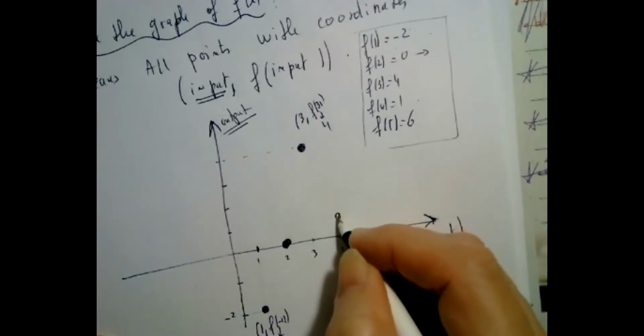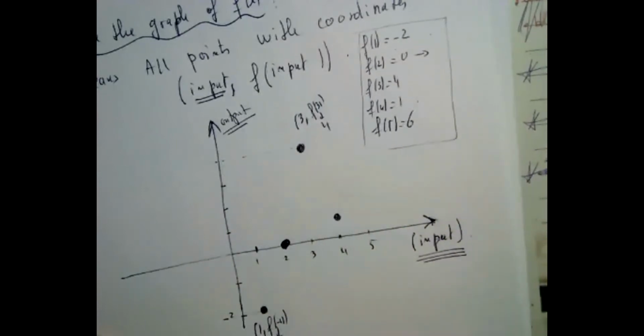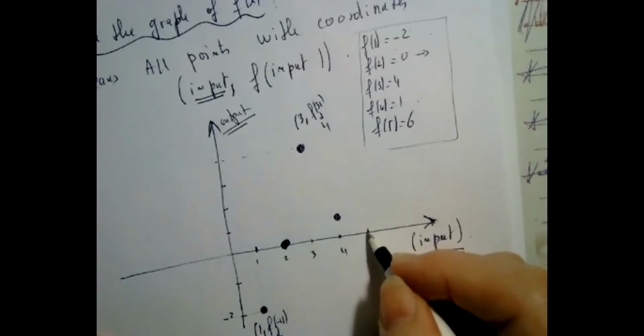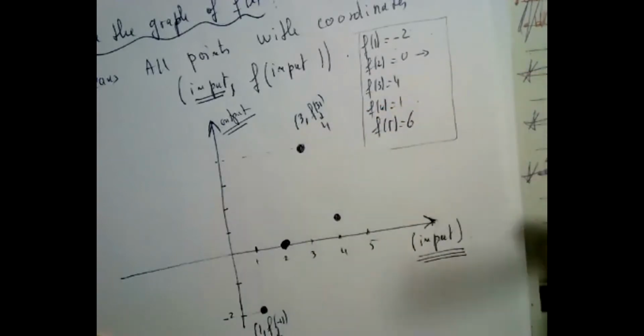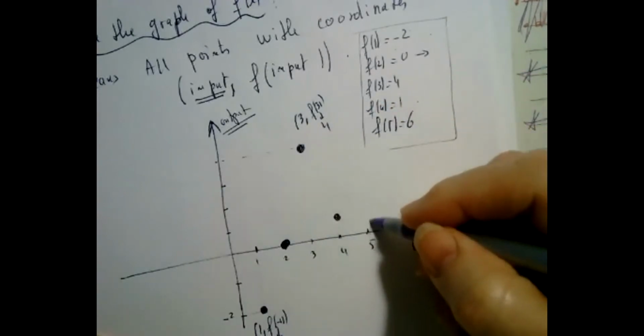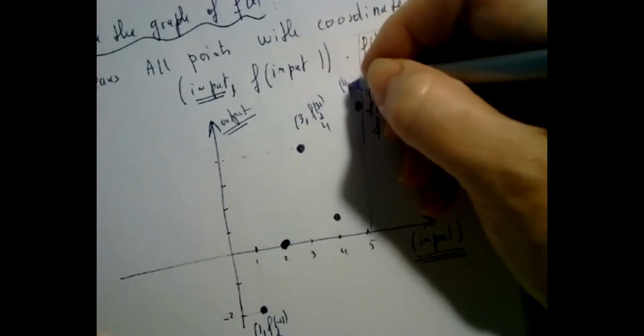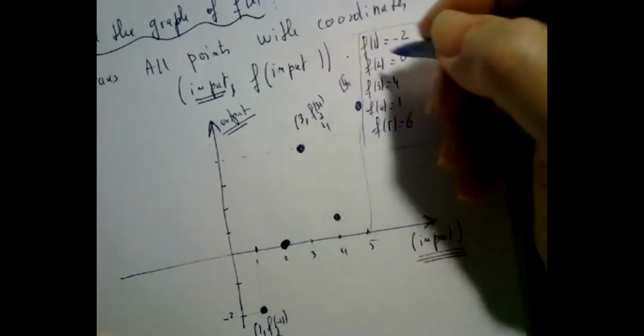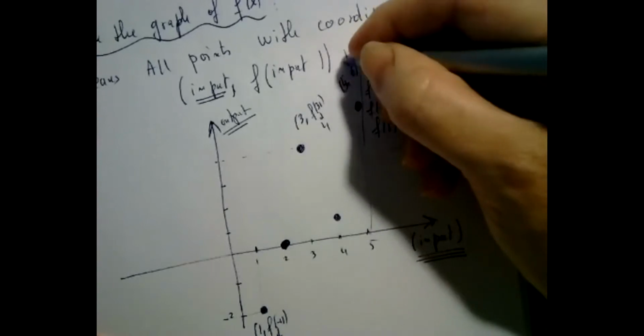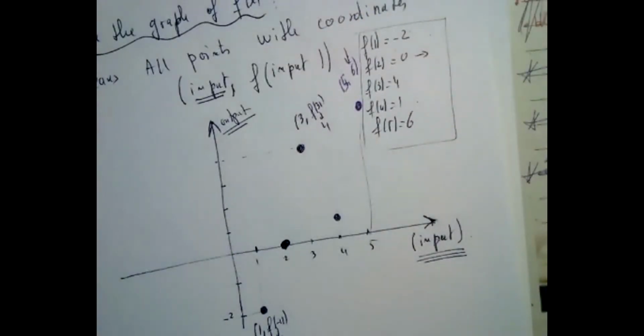This is my graph. That's what sketching the graph means. At 5, it's 6. I'm a little bit off chart here, but it's 6 right there. So this is the point 5, 6, the output at 5. So this is my graph. It's a bunch of points.